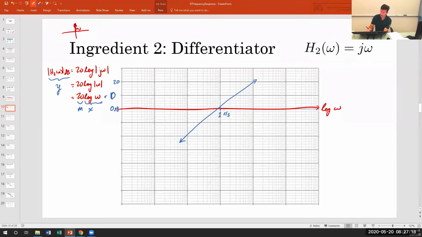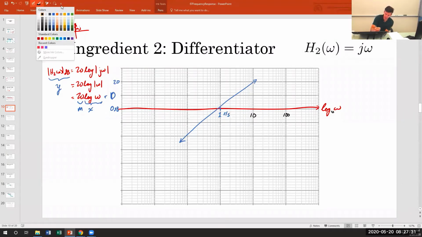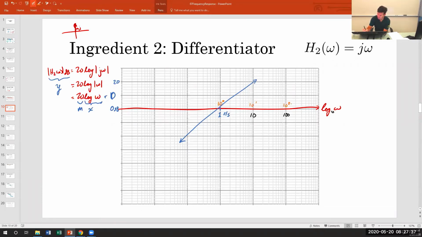Okay. So you'll see this horizontal axis written in a couple of ways. You could see it written as 1, 10, 100, that kind of deal, because implicitly these are log base 10s. You can also see them as things like 10 to the 0, 10 to the 1, 10 to the 2. So I'll switch back and forth.